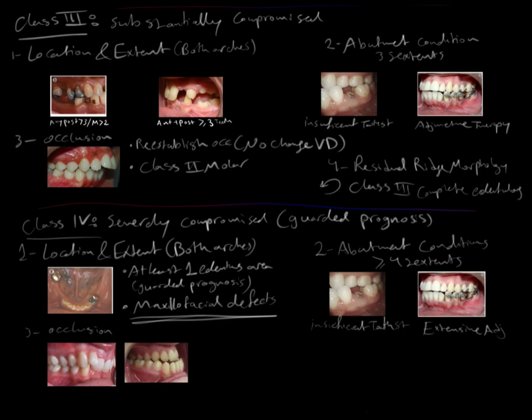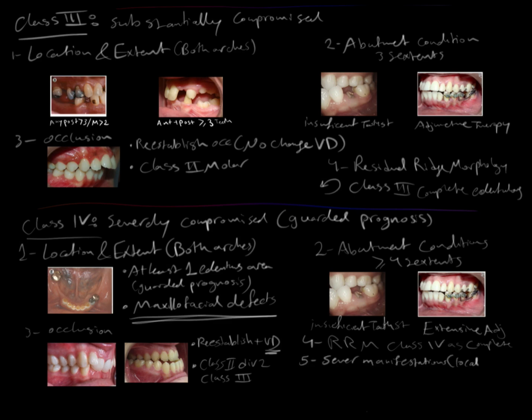Re-establishment of the entire occlusal scheme, including change in vertical dimension, is necessary. Class 2 Div 2 or Class 3 molar relationship, and residual ridge morphology Class 4 as in completely edentulous. Other characteristics include severe manifestation of local or systemic disease, including sequelae from oncologic treatment, maxillomandibular dyskinesia or ataxia, and a refractory patient.